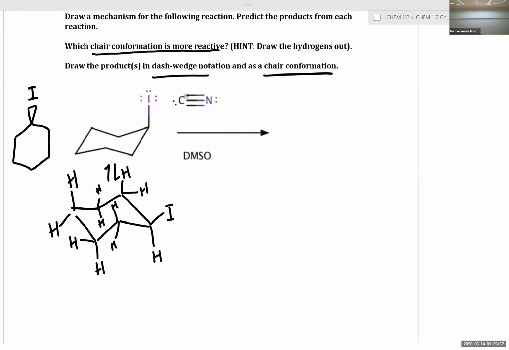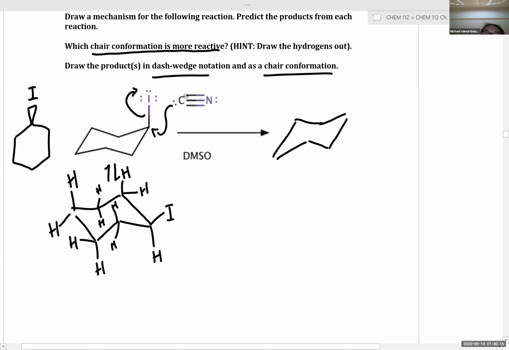And I already see some interesting proposals in the chat. So first and foremost, from a mechanistic perspective, the cyanide will attack the carbon that the leaving group is attached to, and your leaving group will leave. In turn, this results in an inversion of configuration. So now instead of having your cyanide in the axial position, your nucleophile, which is cyanide, is now in the equatorial position.